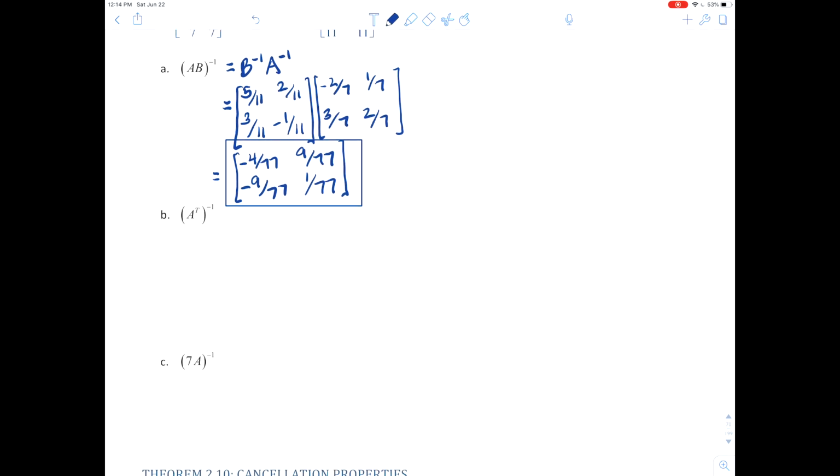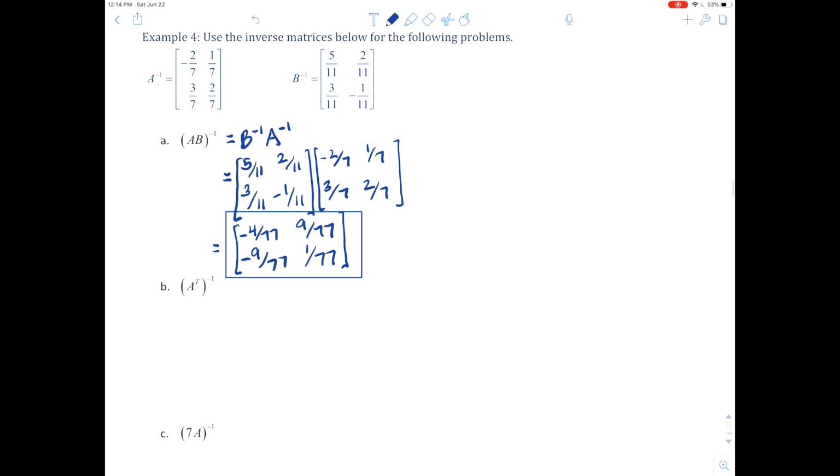Okay. What about A transpose inverse? Well, here we know A inverse, right? So we could find A and then transpose it and then find the inverse of that. But wouldn't it be easier to use the fact that this is equal to A inverse transpose, right? Well, we have A inverse, so for A inverse transpose, I'll just write it out.